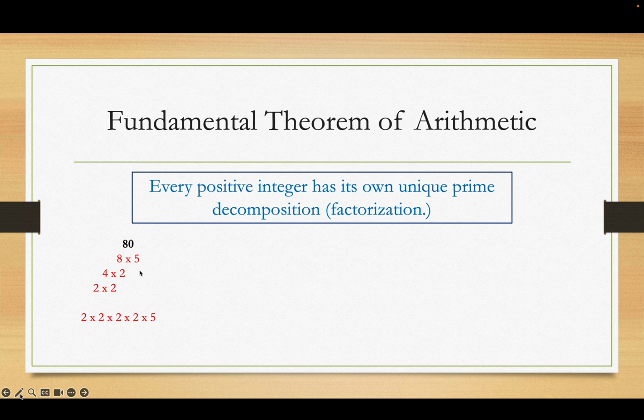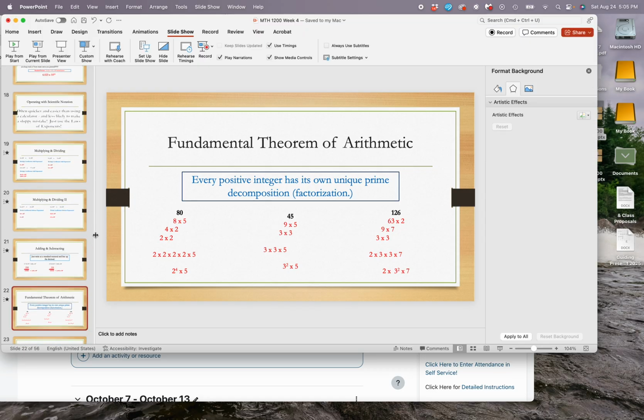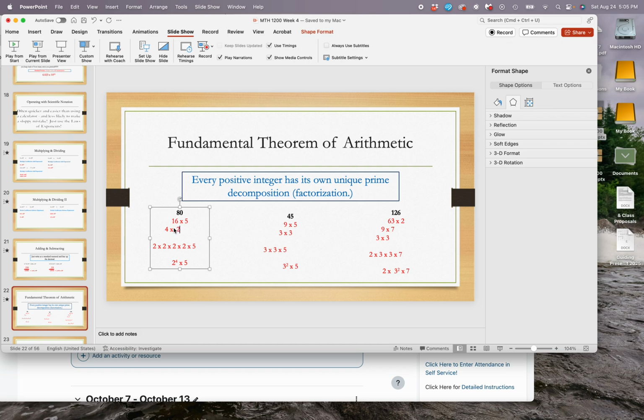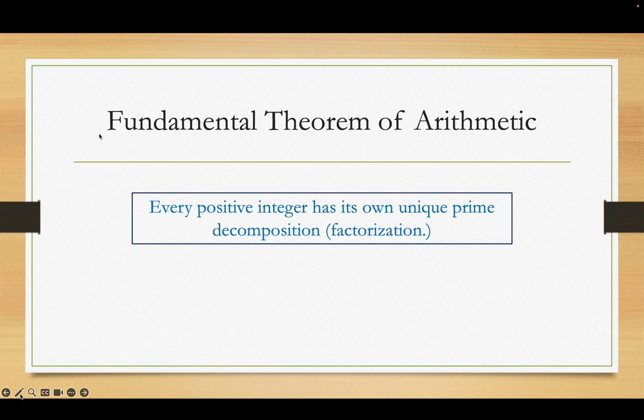Oh, it's 80. Let me do a correction here. This is what I get for not beta testing this. But you know what? I'm horrible at doing slides, or horrible at editing. So 16 times 5, 4 times 4, 2 times 2, 2 times 2, and back to this, playing from current slide.